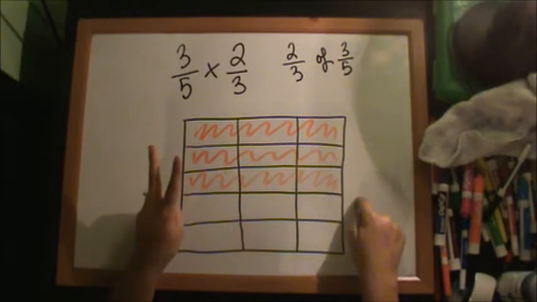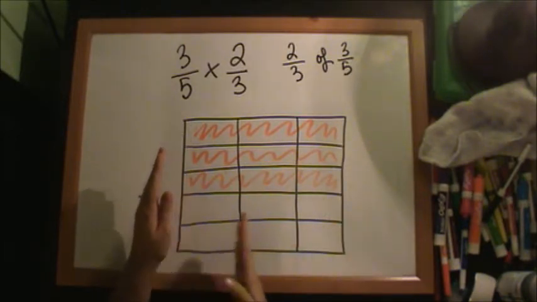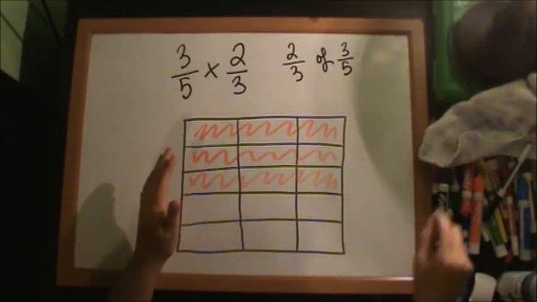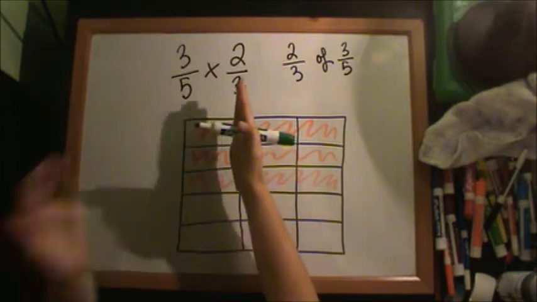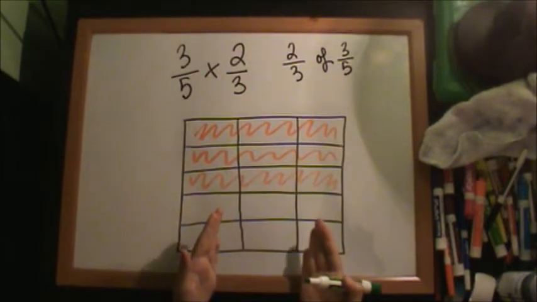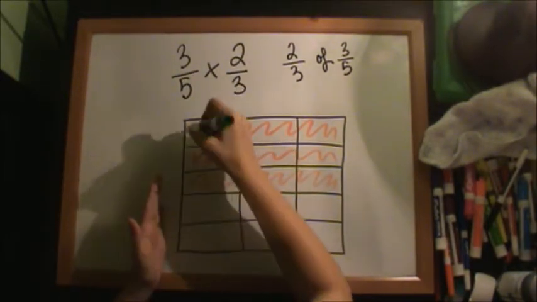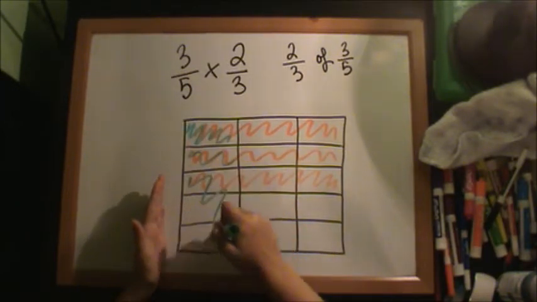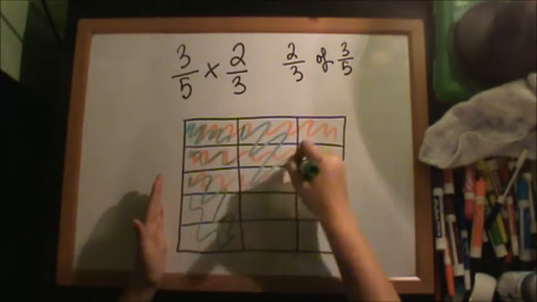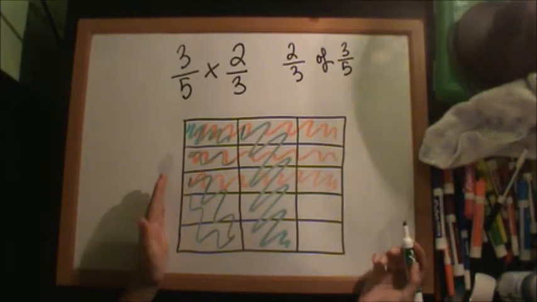So we're ignoring the fifths that I did a while ago. We're only looking at the thirds that I just divided. So now I'm going to color in 2 of my thirds. So my thirds are going this way. So I'm going to color in 1, 2. 2 of my thirds.